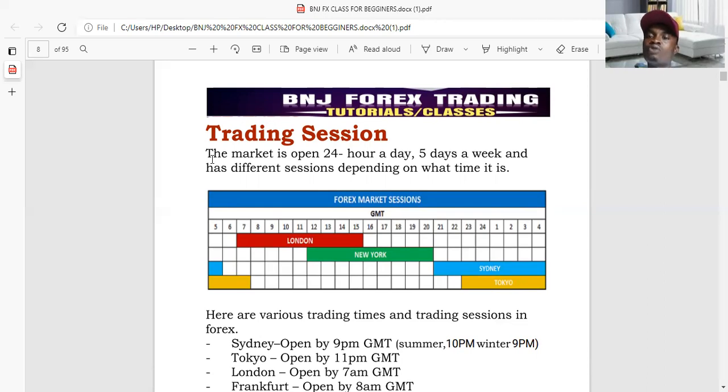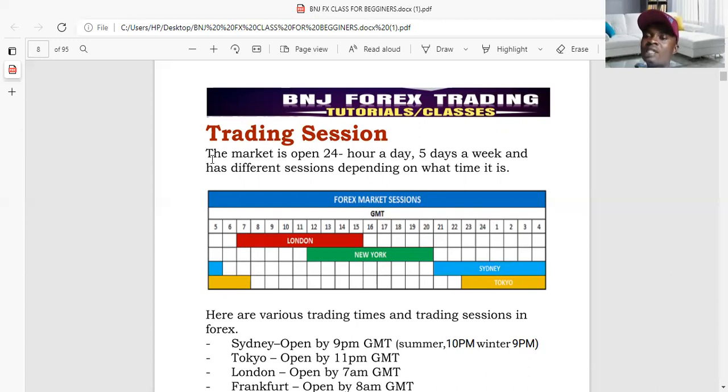For example, you want to trade USD versus Euro. You must understand whether USD and Euro are on session or not. If they are not on session, the market will not be volatile.